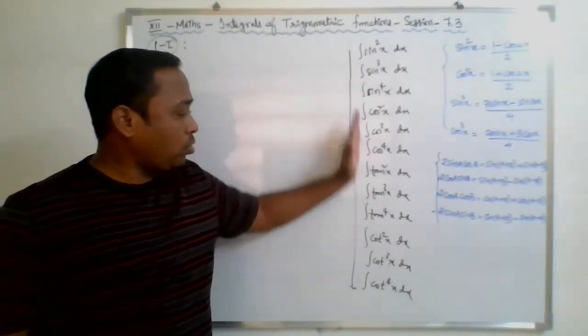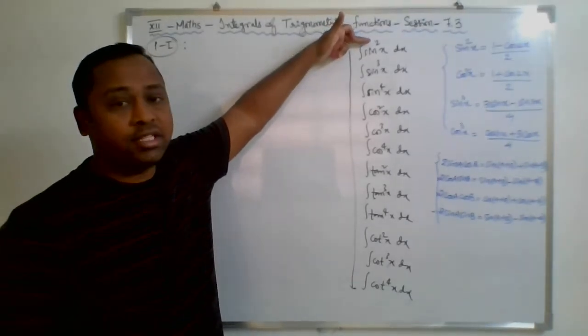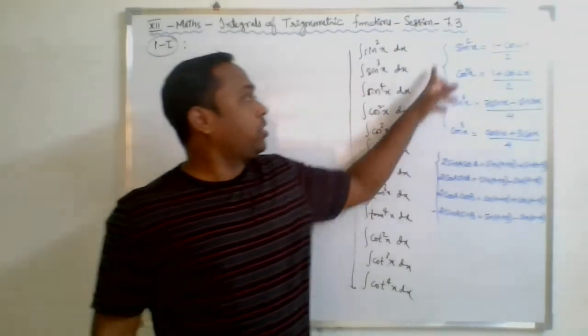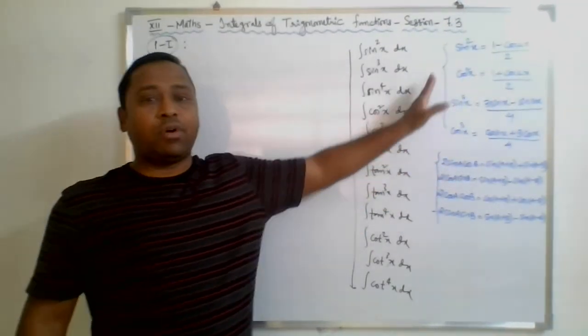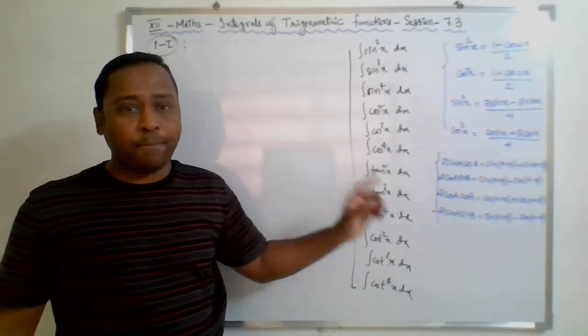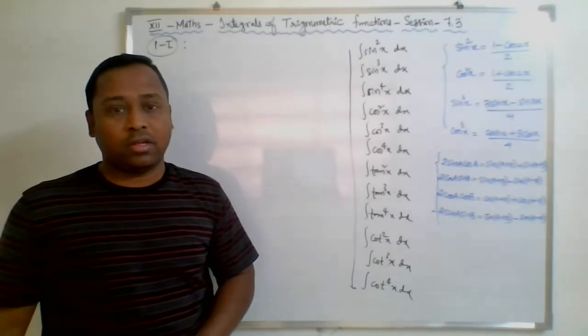If the question is in the form where the power of the trigonometric function is 2, 3 and 4, we can use these formulas, which are obtained from the cos 2x formula and the sin 3x and cos 3x formulas.